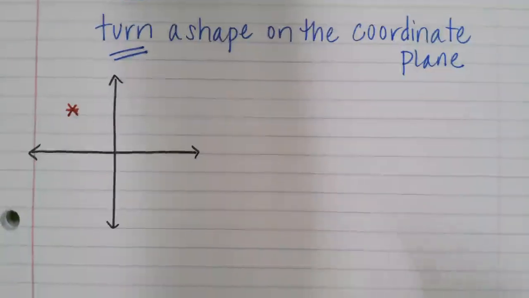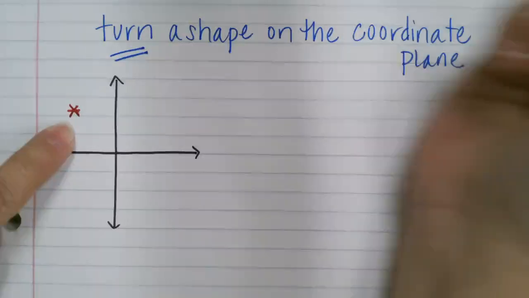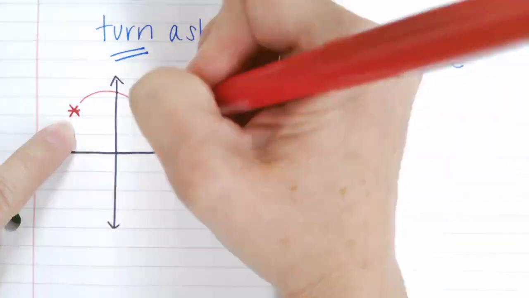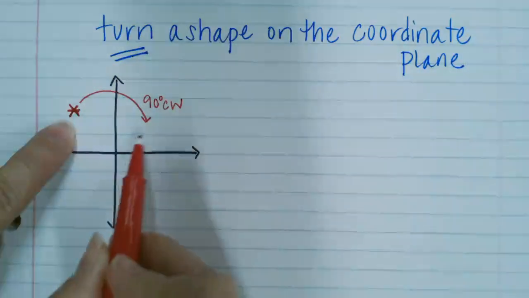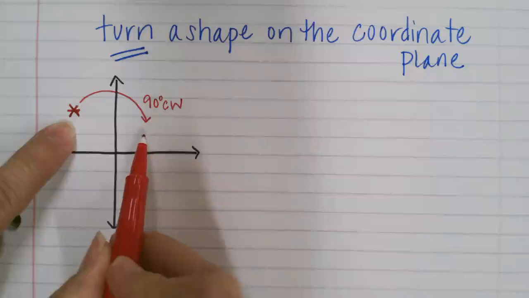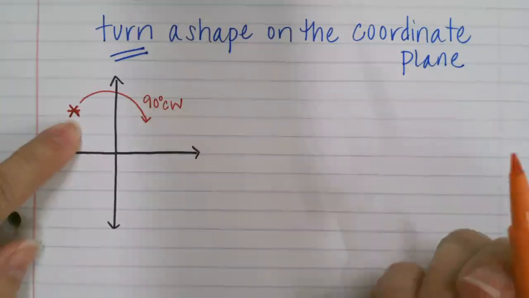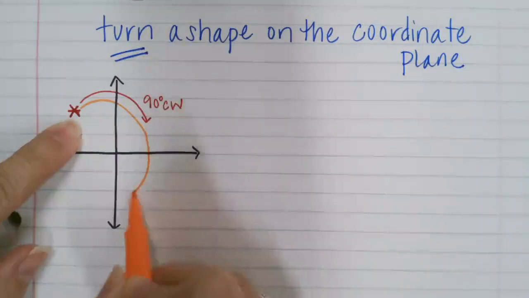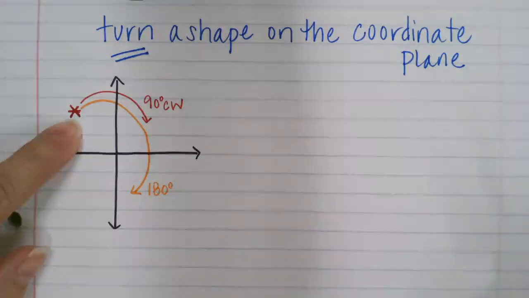And we abbreviate clockwise as CW. So if I am going to take this star right here and rotate it 90 degrees clockwise, so that's 90 degrees CW, it's going to end up in this quadrant. All right. If I take that same star and rotate it 180 degrees, it's like going 2 90s, so it's going to end up right there.